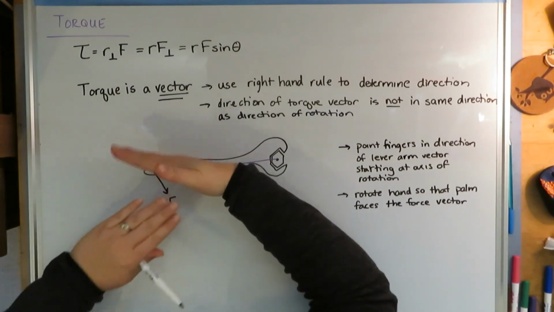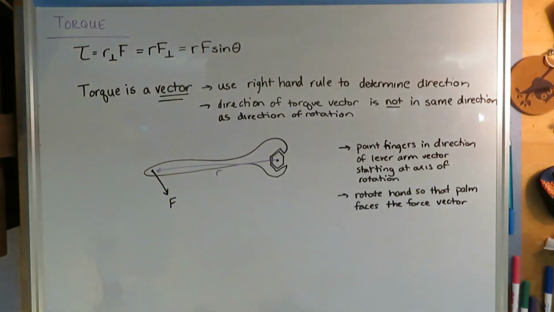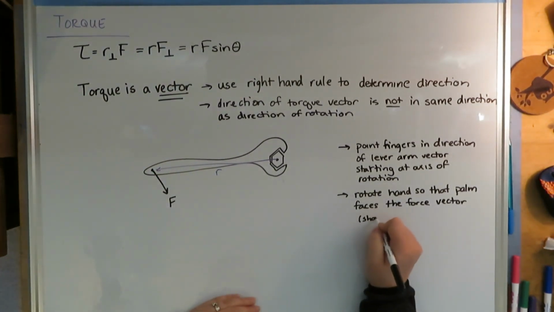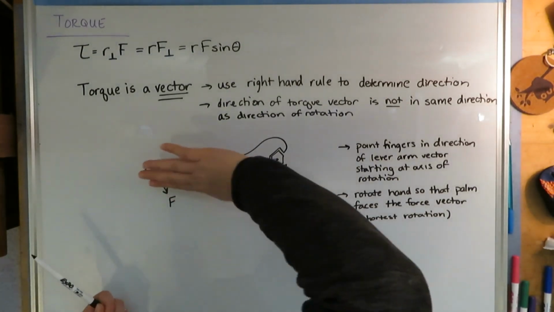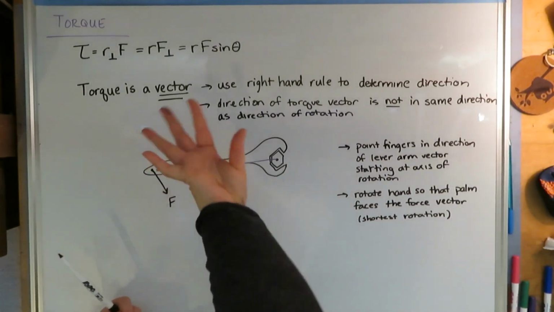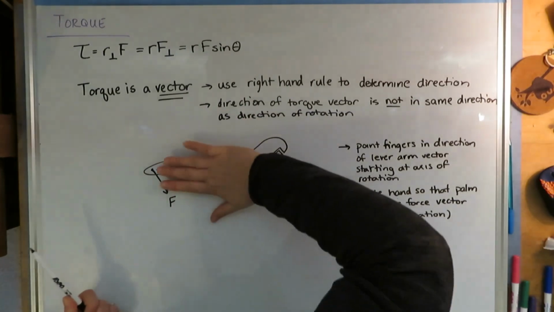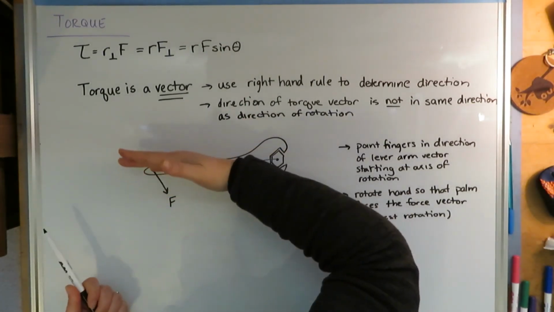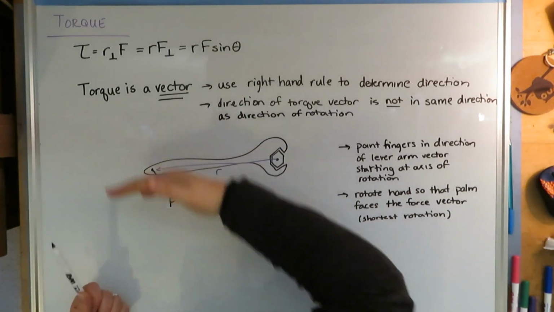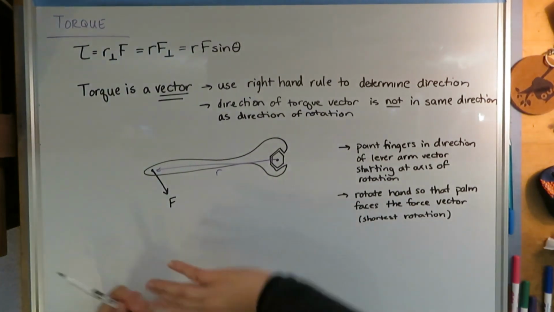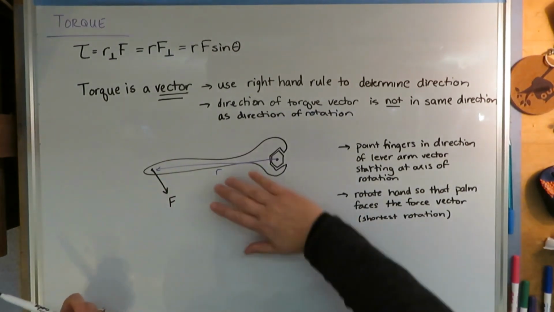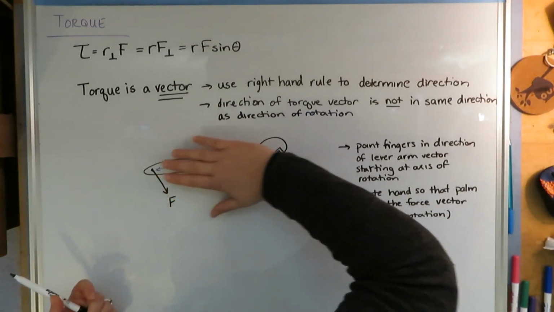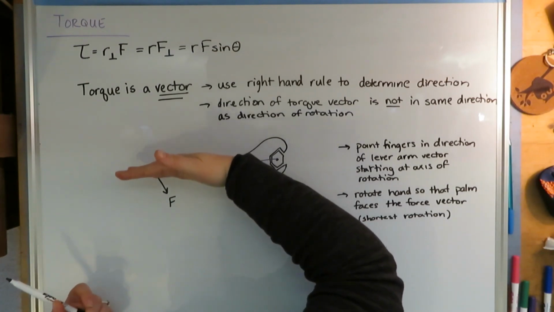Now you want it to do that over the shortest rotation, because technically I could keep rotating, and that would be silly. You don't want to get your arm all twisted. Sometimes that gets a little bit tricky, so you should be trying this with me so you can figure that out. Okay, so fingers pointing away, palm rotates to face the force.